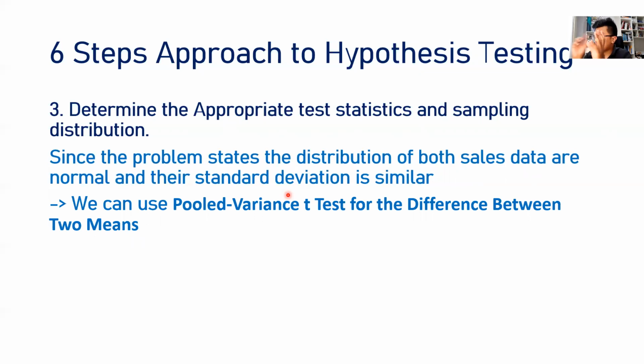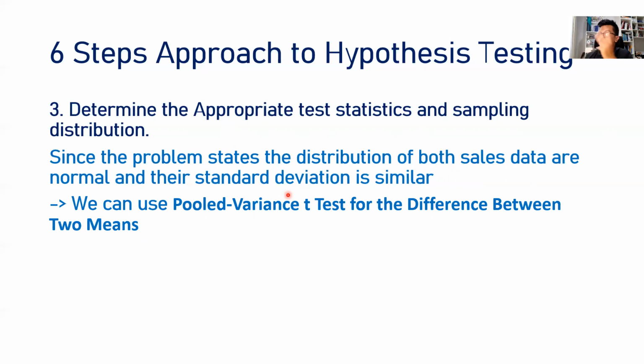So the type of test that we can use in conducting the hypothesis testing depends on the conditions of the assumptions about the populations. Here, because population 1 and population 2 are assumed to be normal and their standard deviations are pretty much similar, we can use this test.